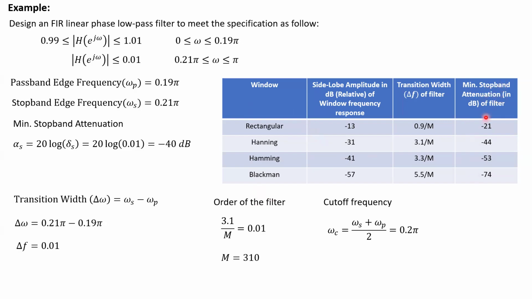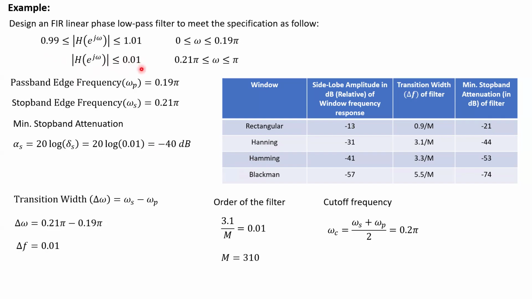So here you can see, because in this filter the specification which is mentioned, the minimum stop band attenuation required is minus 40 dB. So we can only choose either Hanning window, Hamming window, or Blackman window, because this filter specification says this absolute magnitude of the frequency response should be less than or equal to 0.01.